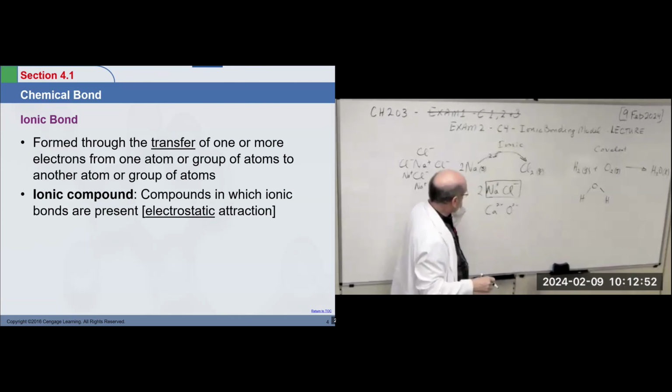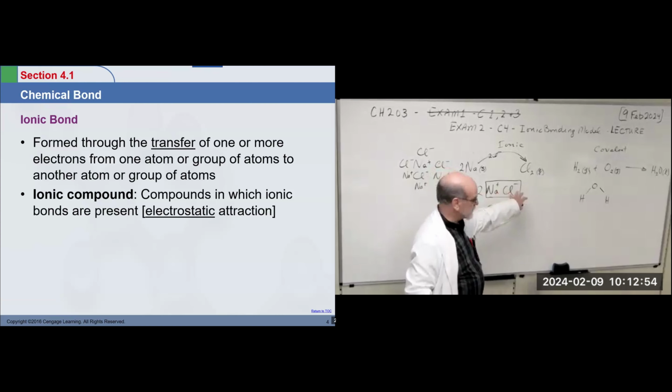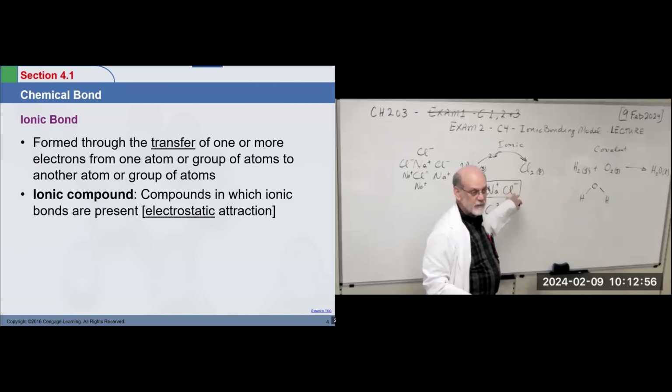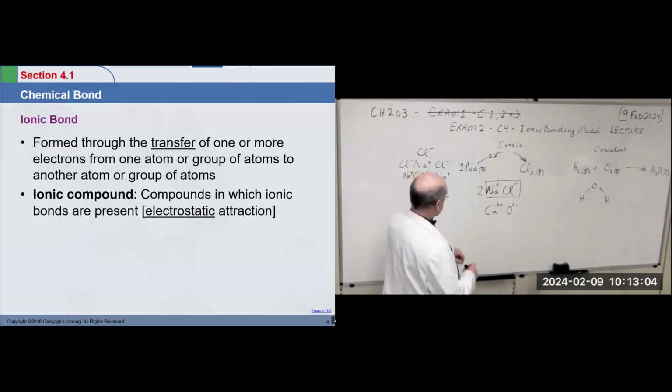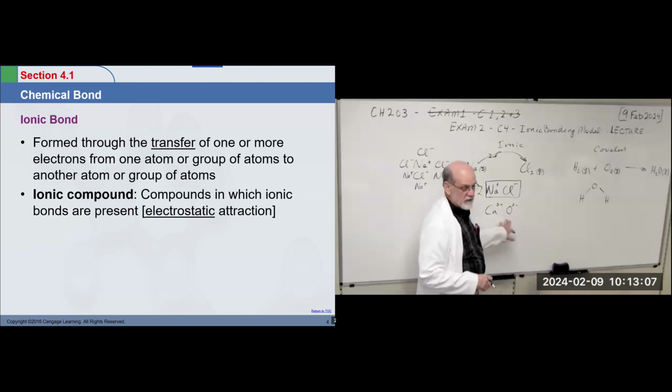So for ionic compounds, what we are expressing here in this formula is the simplest whole number ratio of the ions. The simplest whole number ratio for calcium oxide would be 1:1, just like sodium chloride.